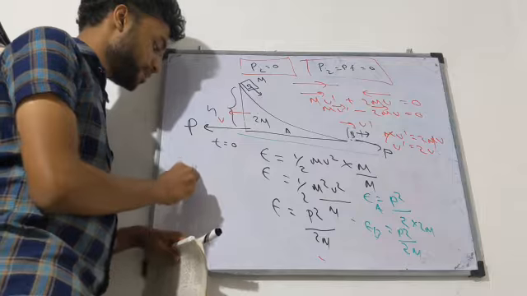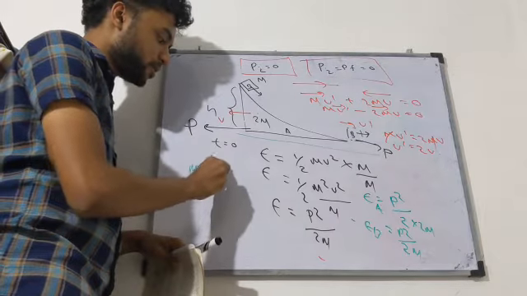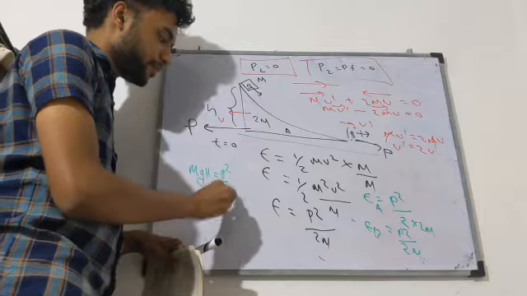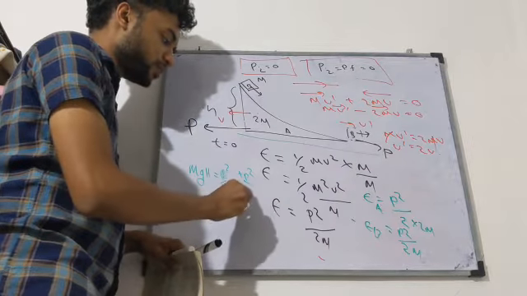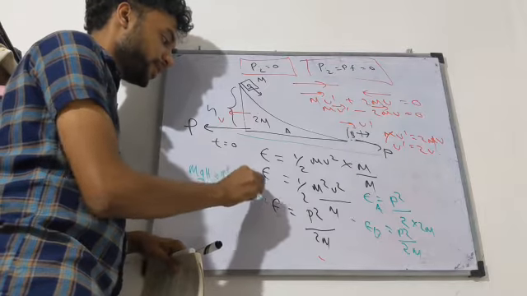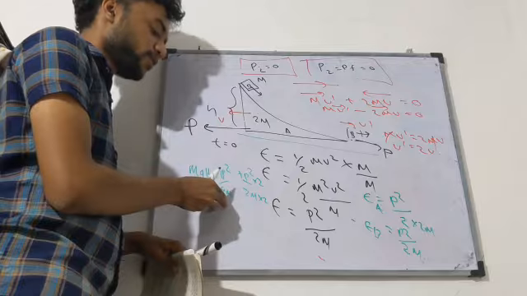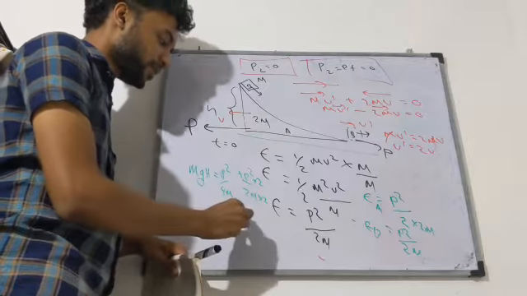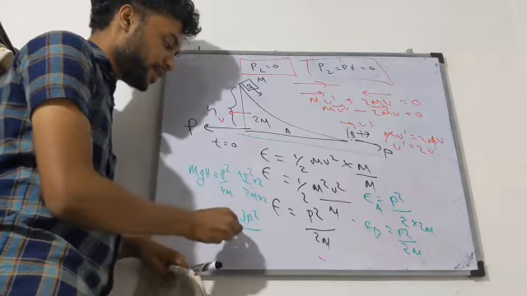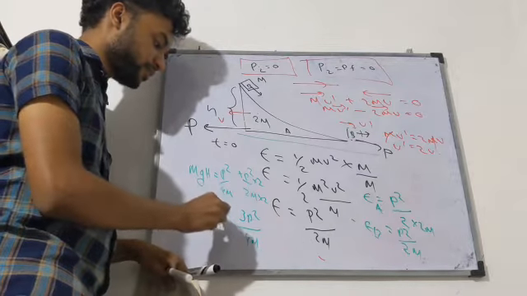Therefore, mgh should be equal to P squared upon 4m plus P squared upon 2m. I can multiply by 2 here and 2 here. Then I get common denominator 4m. Therefore, I get 3P squared divided by 4m is equal to mgh.